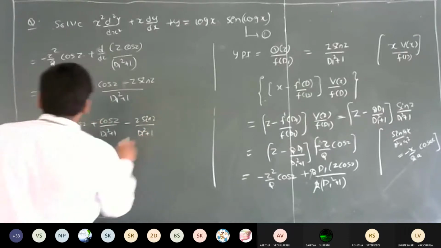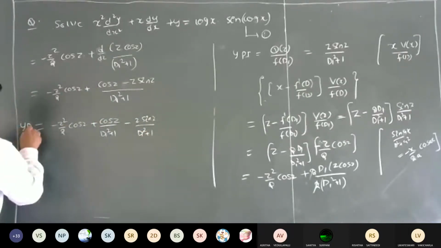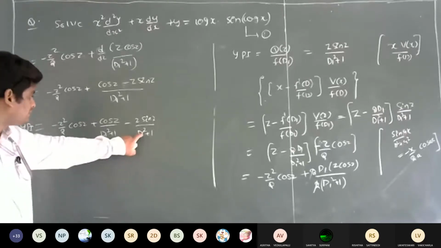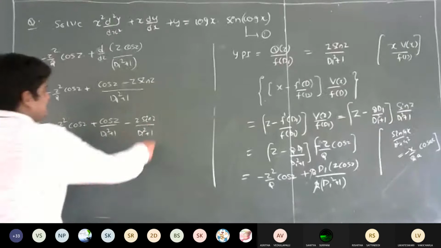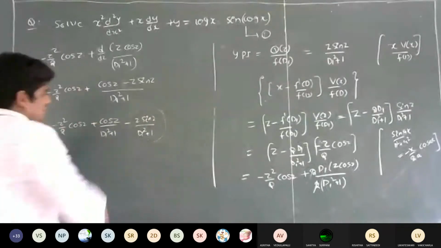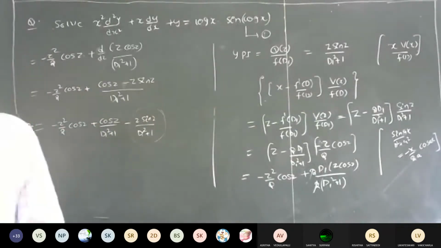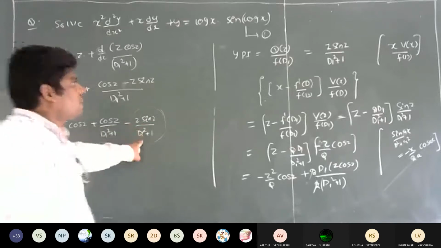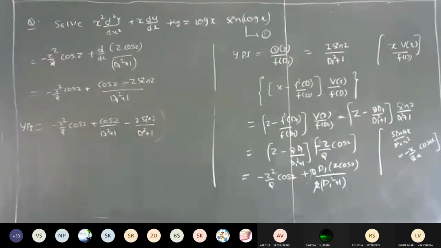d1 square plus 1. Here we are taking YPA, right? So therefore it is nothing but what now? Its value is nothing but what? It is type 2, sir.